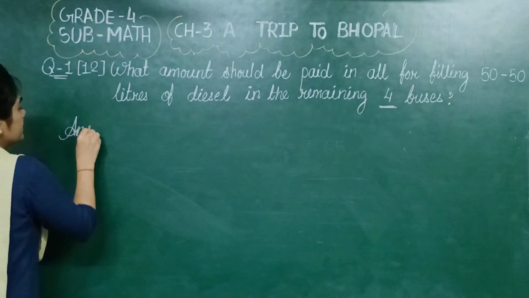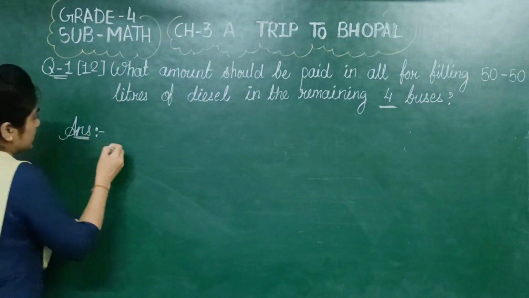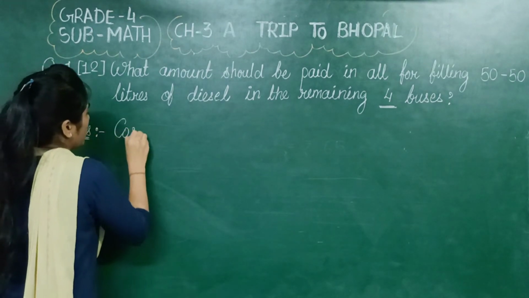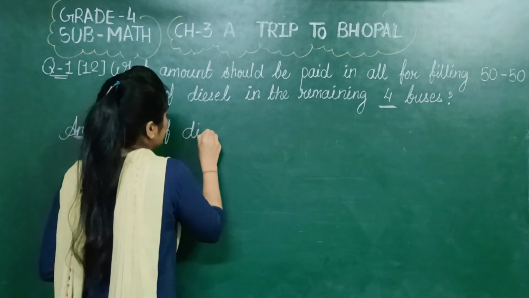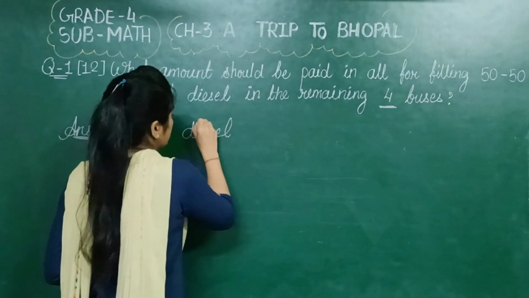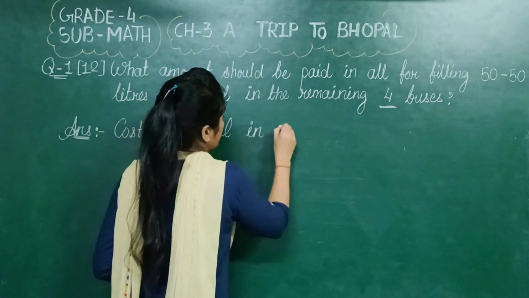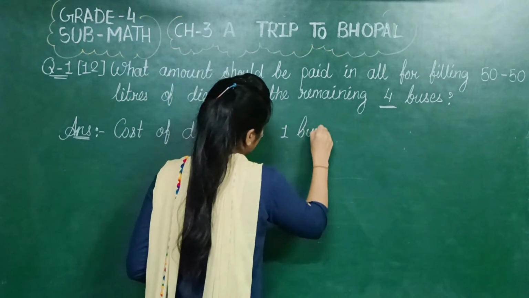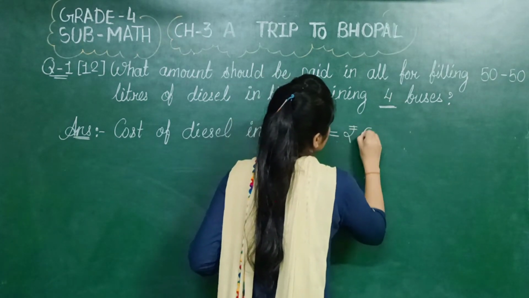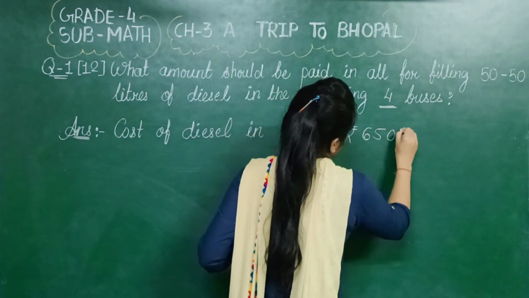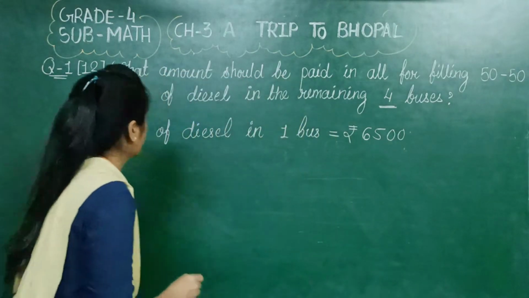So we can write the answer this way: cost of diesel in one bus, which we just found in the previous question, is rupees 6500.